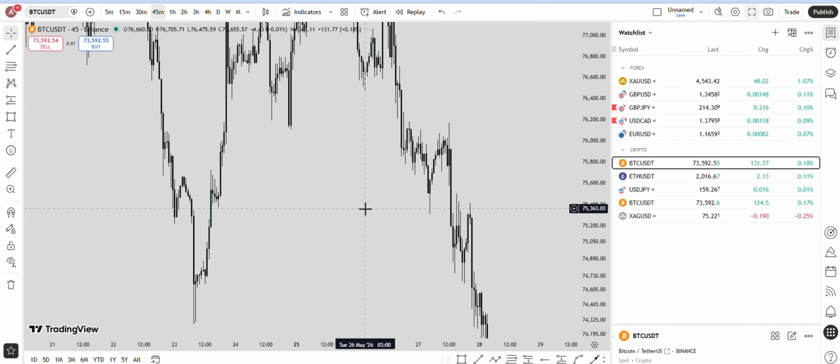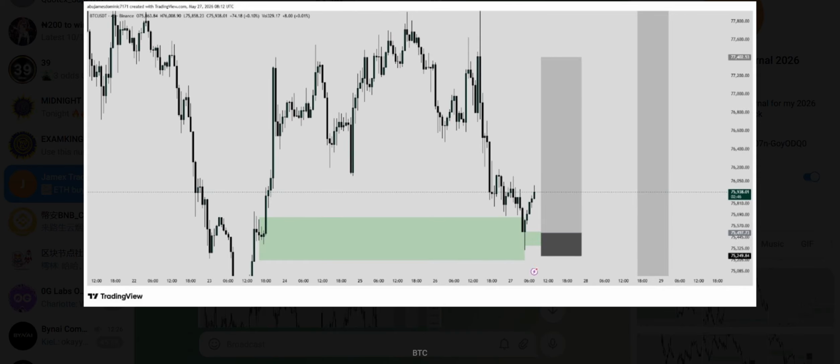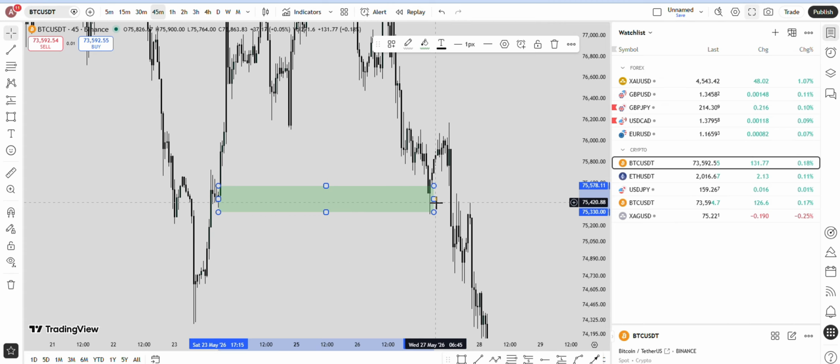You see, price just came into this other block here. I rejected it. You see it? So price came into it and rejected it.